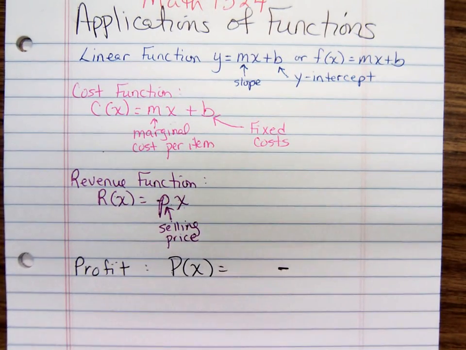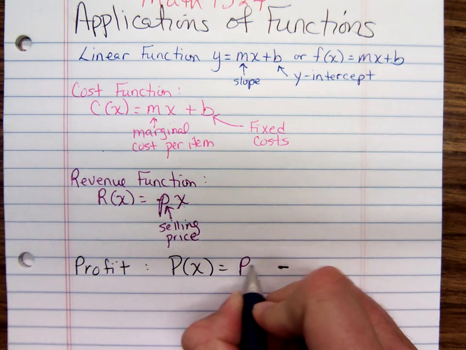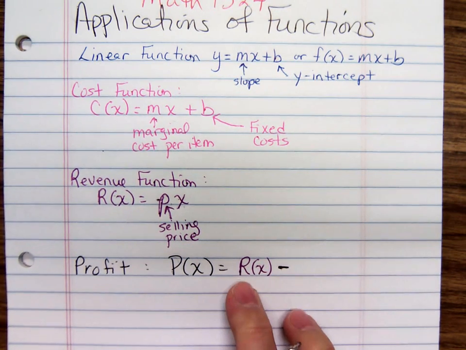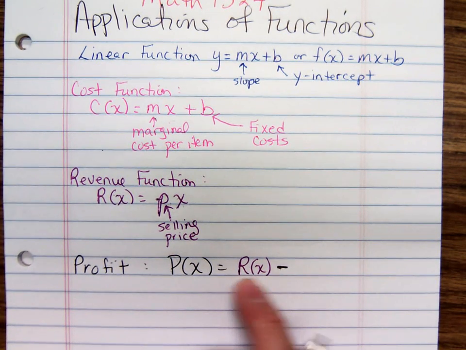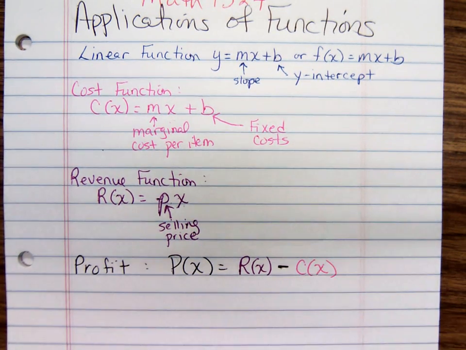If you sold 500 tacos at $2 a taco and brought in $1,000, that wouldn't be your profit. You would have to say revenue minus the cost. How much did it cost for you to make those tacos? Okay?